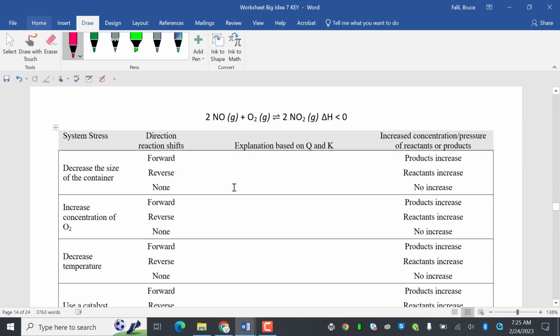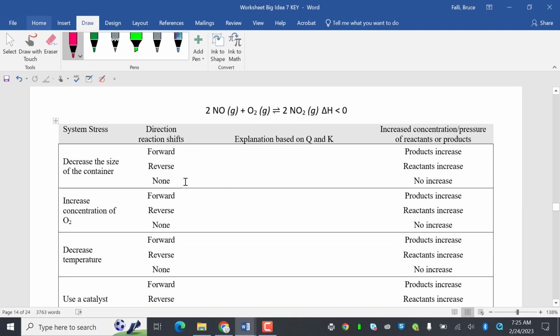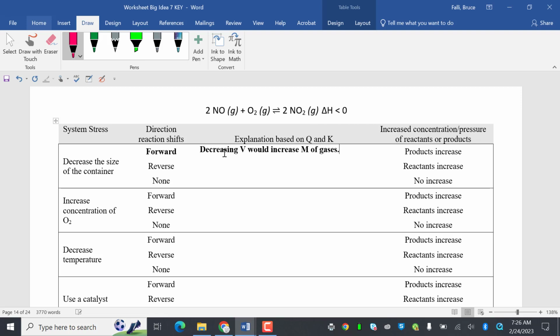Here we go, same thing. Decrease the size of the container. Remember, decreasing the size of the container will shift to the side with fewer moles of gas. So I have 3 moles of gas on the left, 2 moles of gas on the right, so it will shift forward. Explanation of Q and K: decreasing volume would increase molarity of gases.